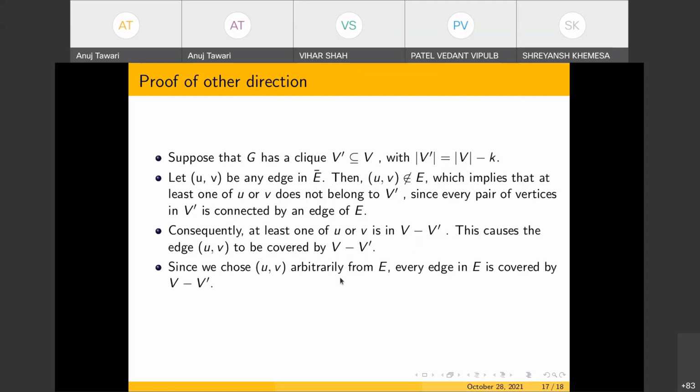So this was any arbitrary edge. So every edge in E will be covered by this particular set V minus V prime. Because we didn't choose anything, this could be any edge in E prime, or E bar in fact.